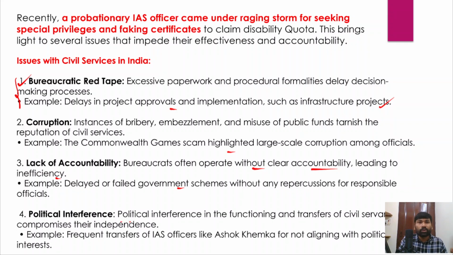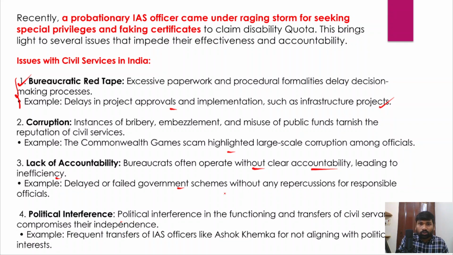And apart from that, political interference is another major problem that we mostly experience when we talk about the civil services, right? It is expected that the civil servants would work under their political masters.